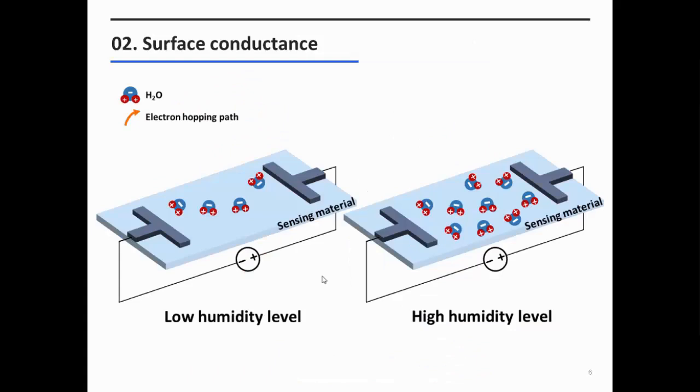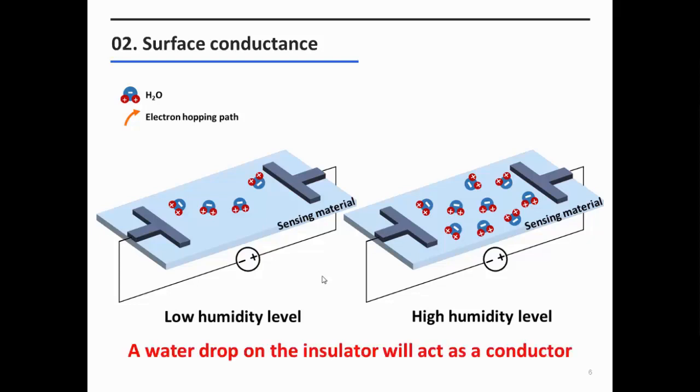And I will briefly introduce the sensing mechanism of our proposed sensor, the surface conductance. Surface conductance refers to the degree of current flowing between two electrodes on the surface of an insulator. Then a water drop on the insulator, like this, will act as a conductor. It provides a moving path for electrons, allowing hopping.